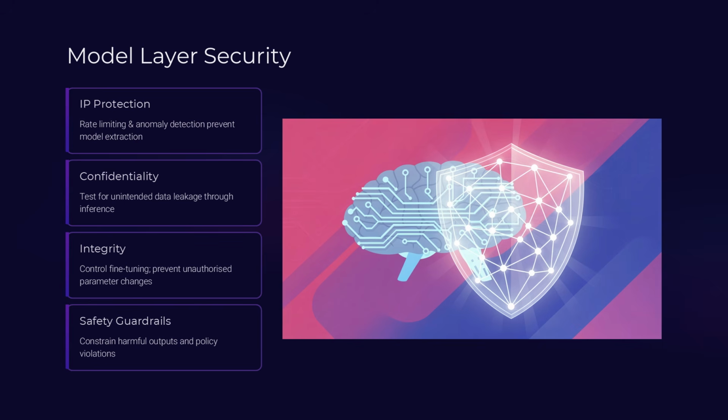Confidentiality risk must be evaluated. If a model was trained on sensitive data, you must test for unintended data leakage through inference. Model integrity must be preserved. Fine-tuning processes must be controlled. Unauthorized modification of model parameters must be prevented. Safety guardrails must be embedded.